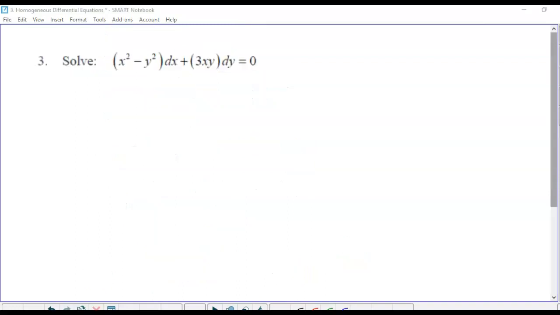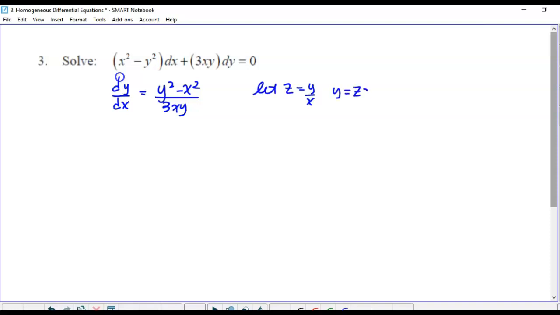Okay, so back to the first example that we talked about. So let's get dy dx together. So dy dx, we did that, and we showed it on the first page of the notes like this. Okay, so then remember, let z equal y over x. So that means y equals zx.